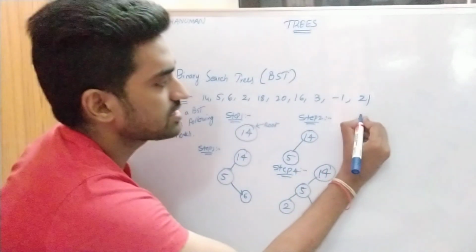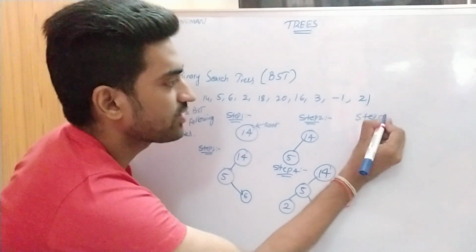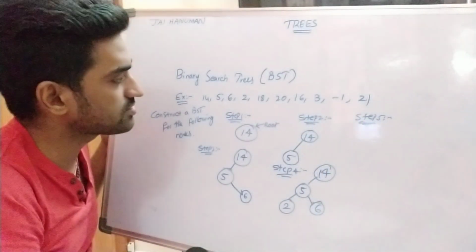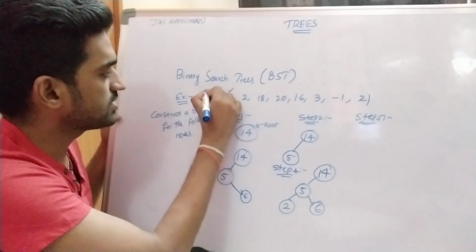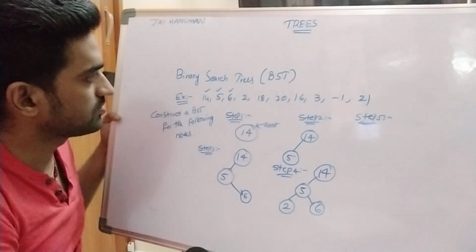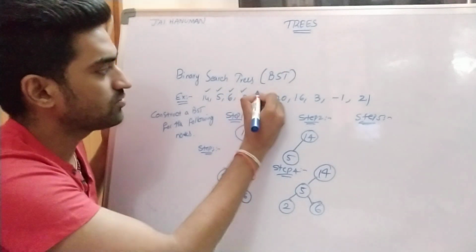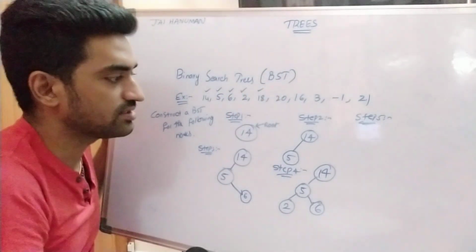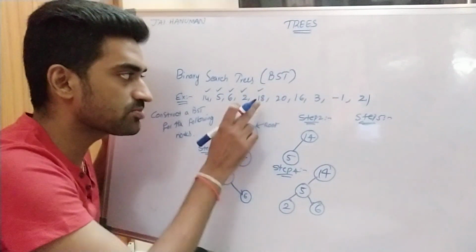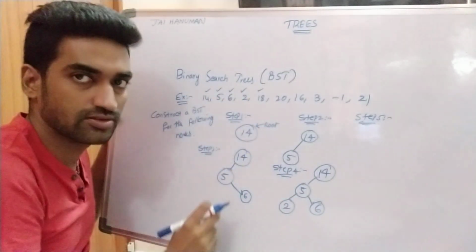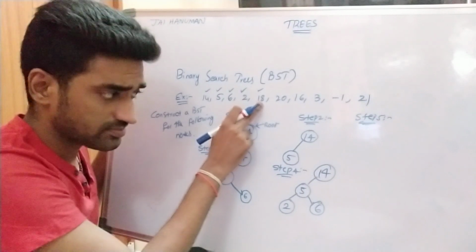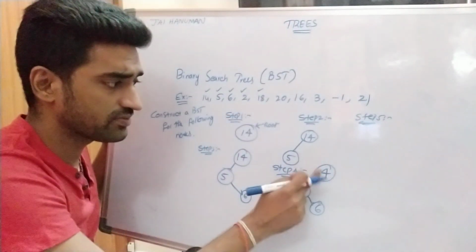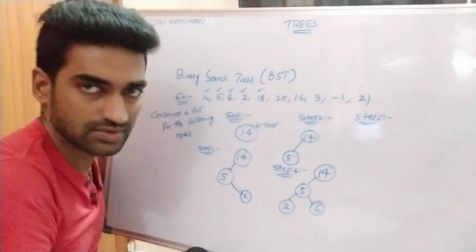So what is the next inserted element? Step 5. What is the next inserted element? 6 is completed, 14 is completed, 5 is completed, 2 is also completed. Then what is the next inserted element? 18. For 18, first of all we apply the comparison procedure between the root and the inserted node. 18 is a greater value, so we can insert it at the right position of the root, right?